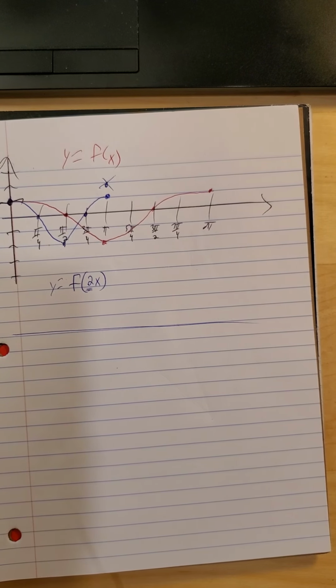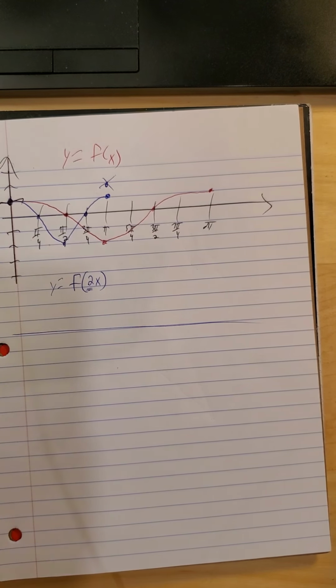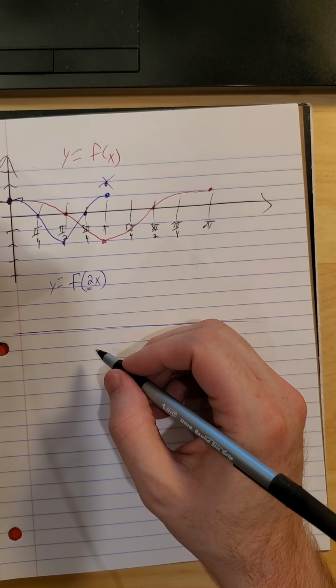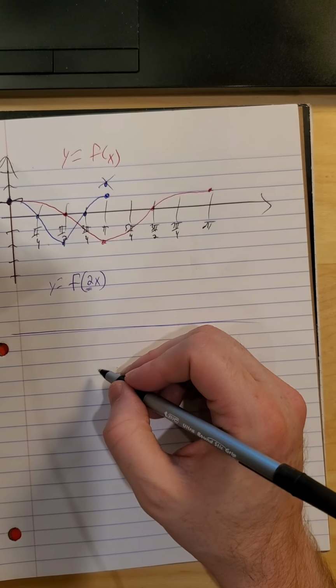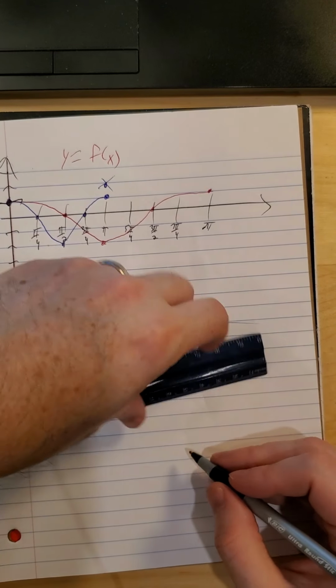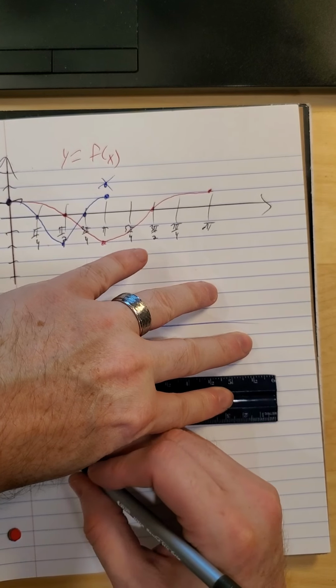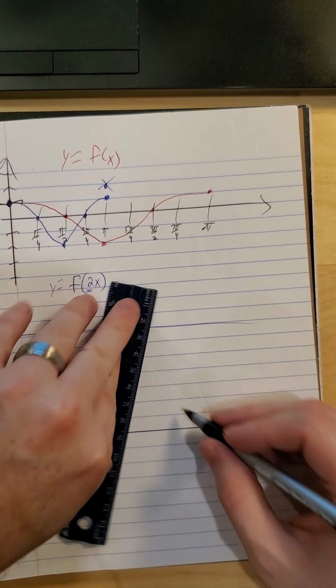All right. So we talked reflections, stretching, compressing. We'll do one more of these. This one again we'll do freehand, and then we'll just do the homework from there.